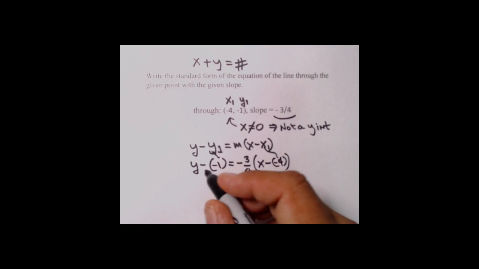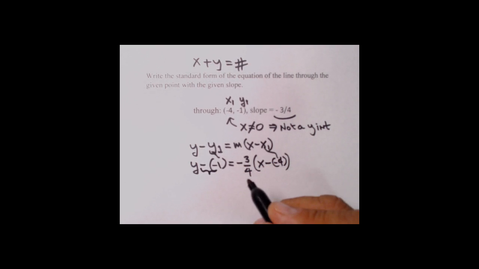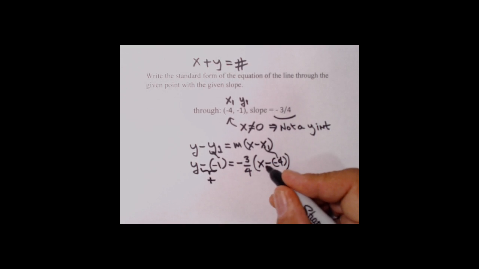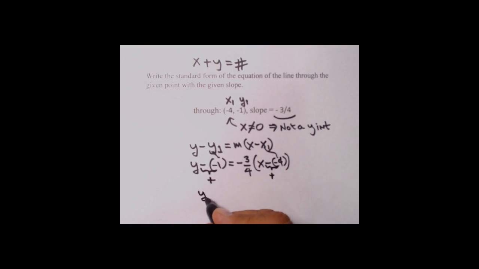Okay, well, we got a little cleaning up to do to begin with. Anytime we have more than one sign in front of a number, you've got to clean it up. The two minuses give me a plus, and the same thing right here. So what we've got is y plus 1 equals -3/4 times x plus 4.